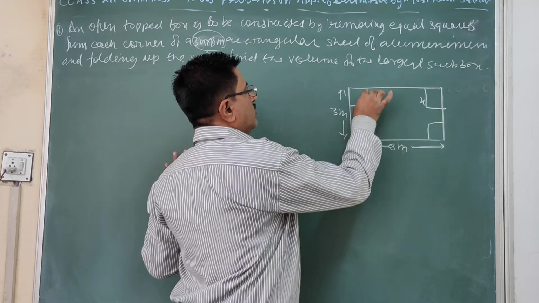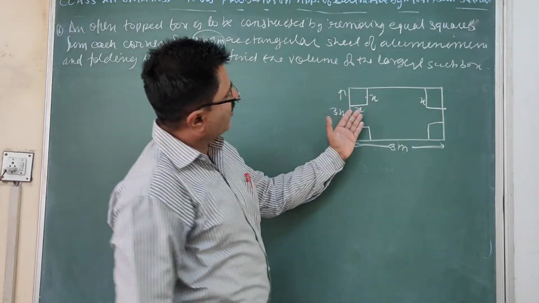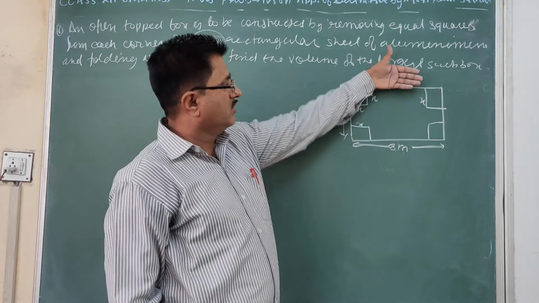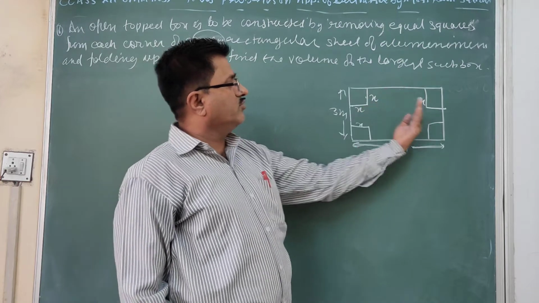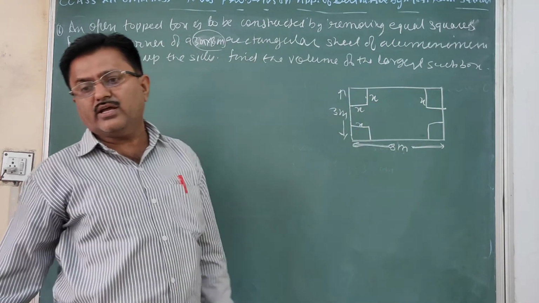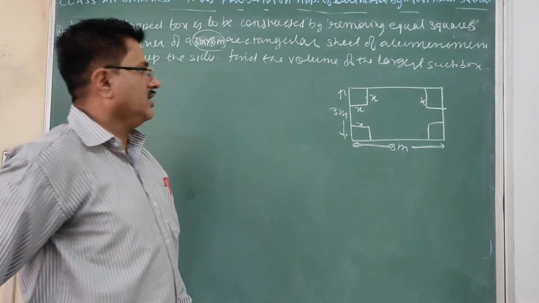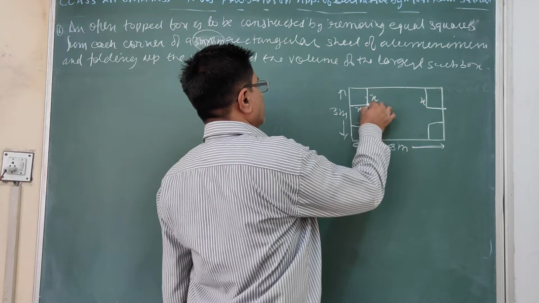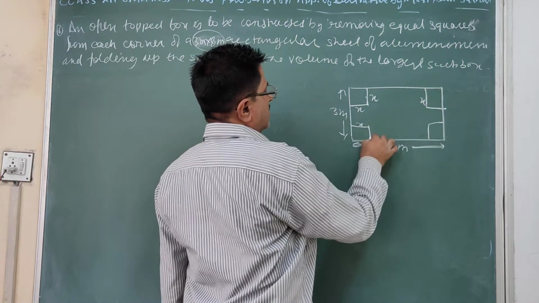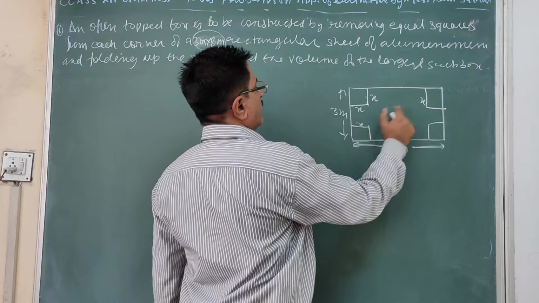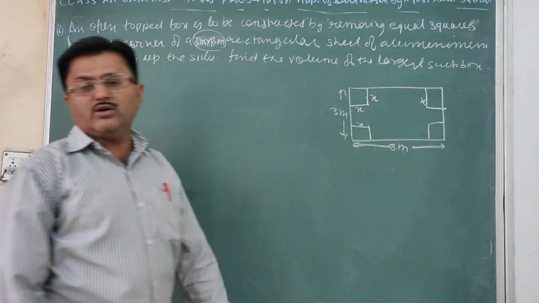So if you are removing all these, then we get this flap type, that you have to fold. This flap also you have to fold. So you can get an open box. Clear? This is the left portion, and remaining this you have to fold on both sides. So you get an open box.